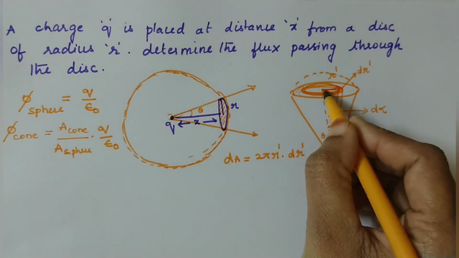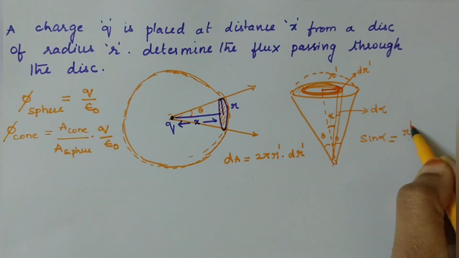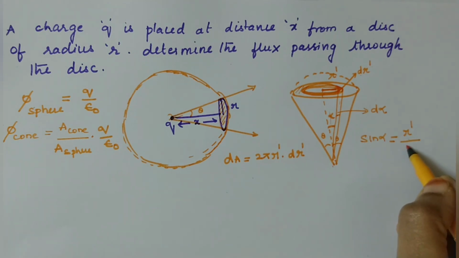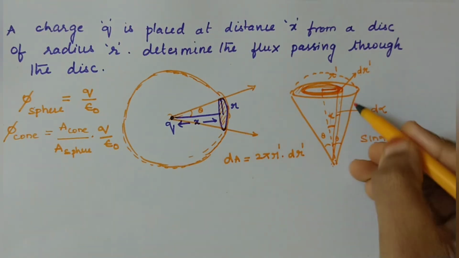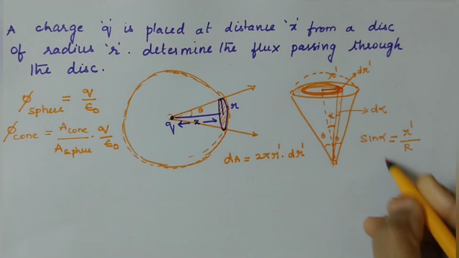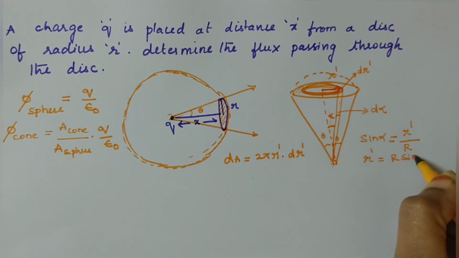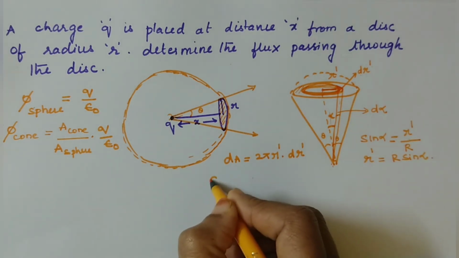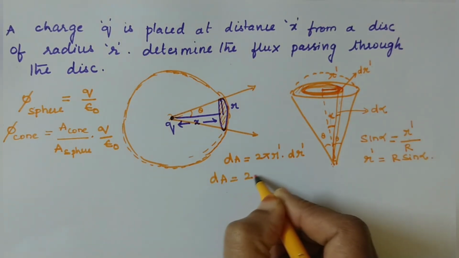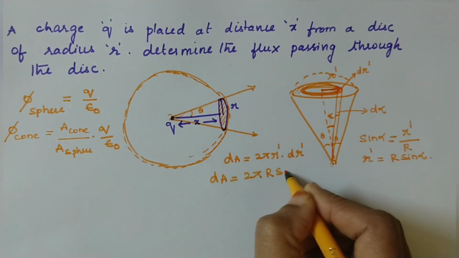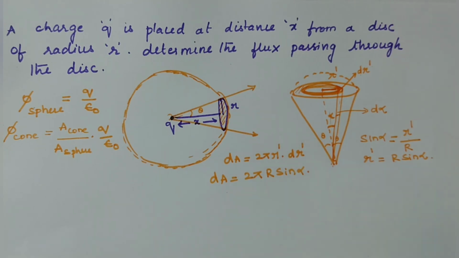Sine alpha is opposite side, which is r dash, divided by this distance, that I will call a radius. Let me take this radius as capital R, radius of this particular cone. So r dash is equal to R sine alpha, then dA would become 2 pi, replace this r dash as R sine alpha into dr dash.